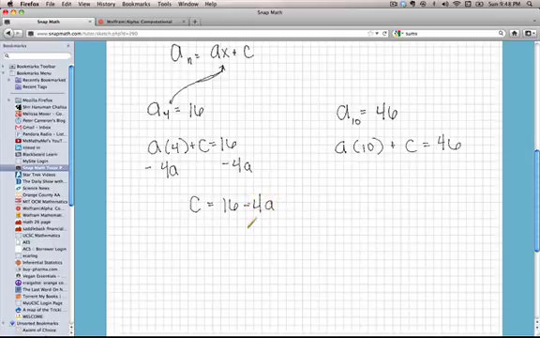Well, I can take this value for C and put it over in this other equation, like you're probably used to doing from Algebra 2. I can write 10A plus 16 minus 4A, where the C would be, is equal to 46. Simplifying this side, I can get rid of those parentheses.